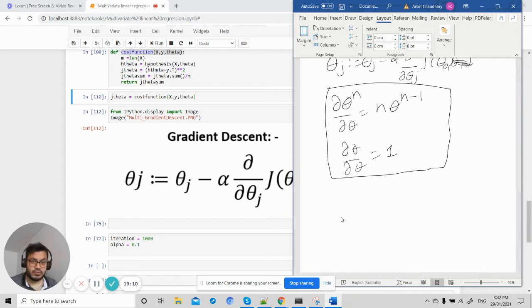now my theta j is theta j minus alpha d by d theta j, and we know J of theta is 1 over 2m times h of theta of i minus y of i, whole square.